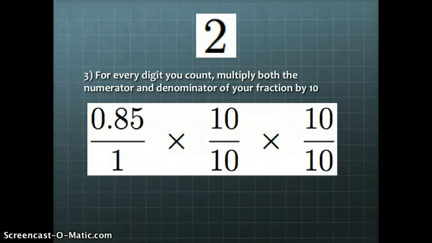Step 3, for every digit we count on the right, we're going to multiply both the numerator and the denominator of our fraction by 10. So we had our 2 digits here, and I'm going to multiply the top by 10 twice and the bottom by 10 twice.